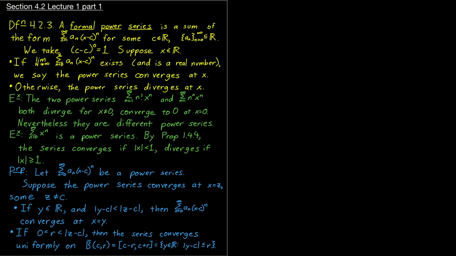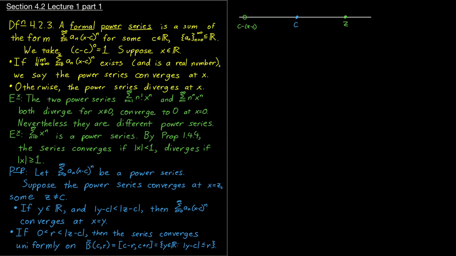And that's very abstract, so let's have a picture. Here is our number line. Here is our base point c. And then out here, we've got the number z where it converges. And then here on the other side, there's another number whose distance to c is the same; as it happens, it's c minus (z minus c).